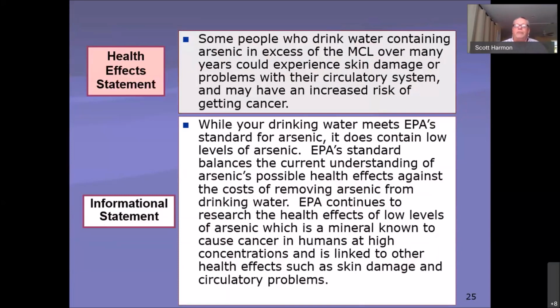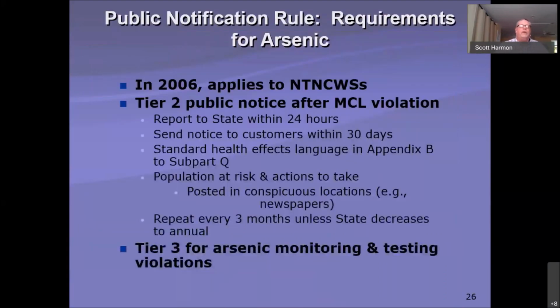And then there's an example of boilerplate information for the informational statement. So again, I encourage you to look at the information on the EPA website. They may have updated some of these health effects statements and informational statements for not just arsenic, but also for other regulated contaminants. Here's the public notification rule.